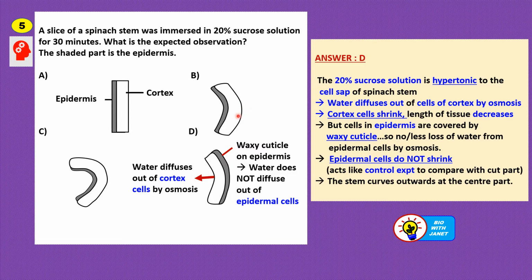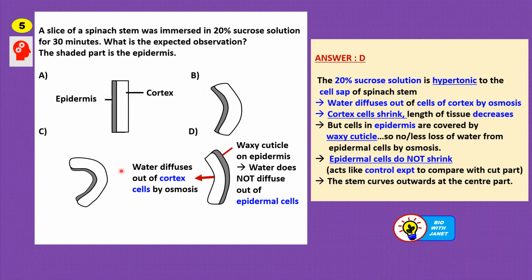Water diffuses into the cells from the hypotonic or dilute solution, and this length here is longer than the length of the epidermal layer here, the gray one. For C, the curvature of the stem is even more than B. So maybe the solution for C is even more dilute than the one for B.